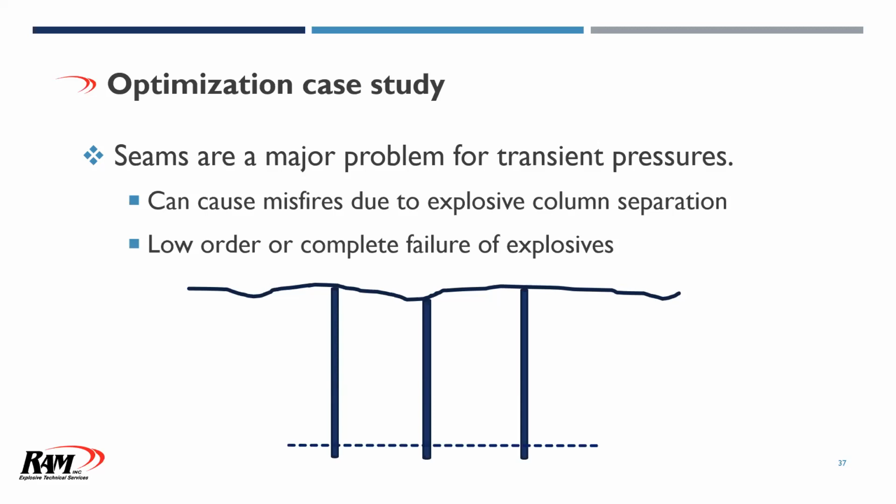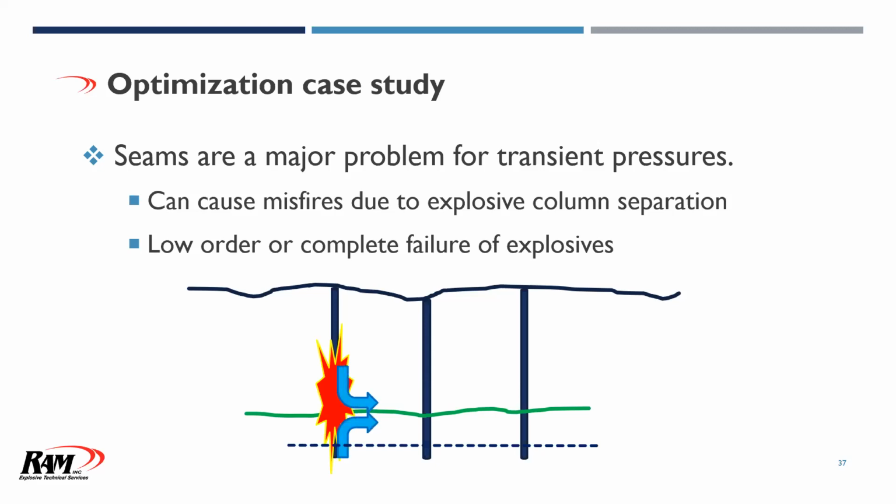So if we're looking at this little example here we got 3 holes. Here's a very predominant seam, let's say, running through all 3 of these holes that we've drilled through. And this is why drill logs are so absolutely critical to maintain performance, that in a case like this, if we drill through it, we load through it, and we detonate our explosive there, remember, explosives are lazy. So they're going to go to the path of least resistance.